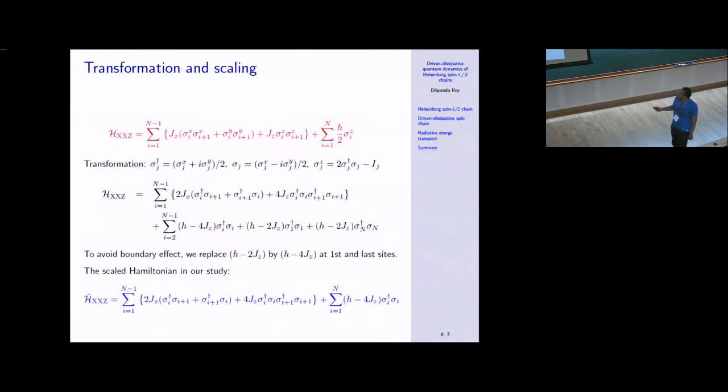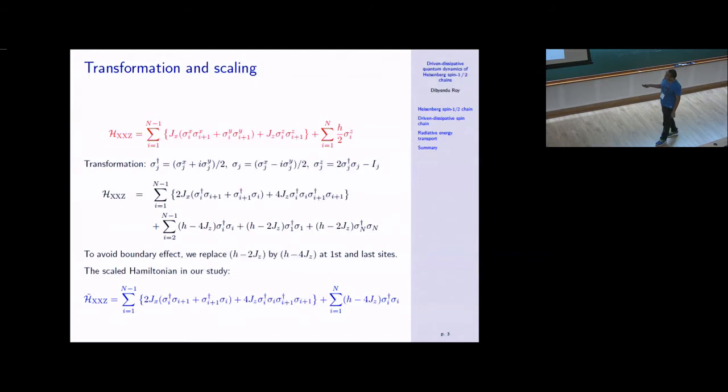So now the model which I just showed you before, here I just changed the sign, and I'm talking about this spin chain with, let's take, n number of spins, and I do a transformation in terms of raising and lowering ladder operators, and then the Hamiltonian looks like this.